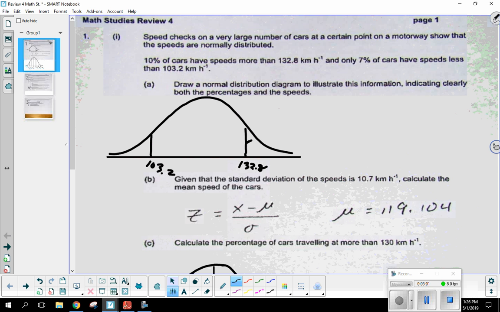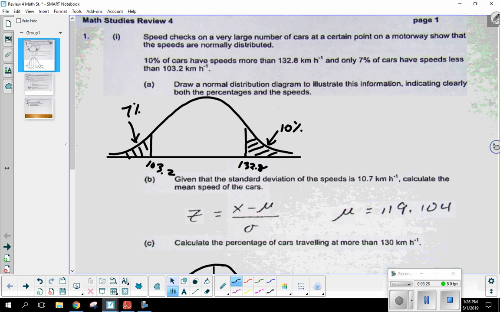I would say that this represents the 10%, and this right here would represent the speed of the vehicles. 7% of which are at 103.2 kilometers per hour or less. Okay. All right, questions? That one's pretty easy and straightforward.